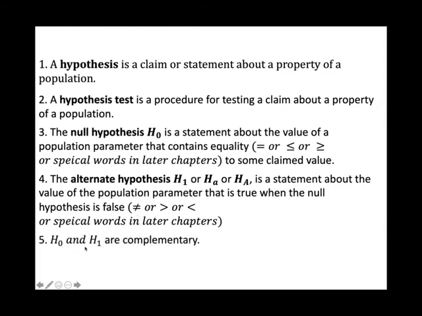The null and alternate hypotheses are complementary. Complementary means they take out everything. Let me talk about the alternate hypothesis first. We have three types of alternate hypothesis.